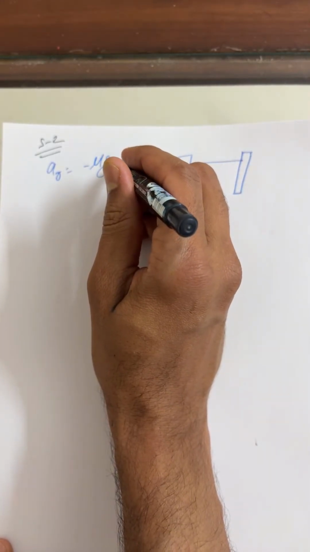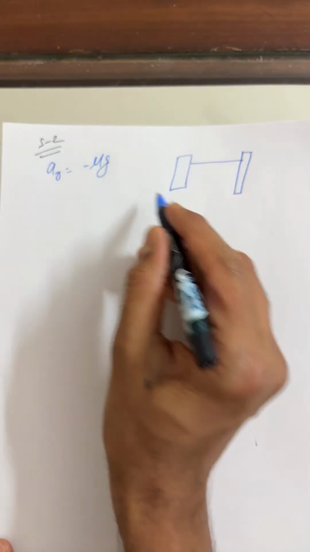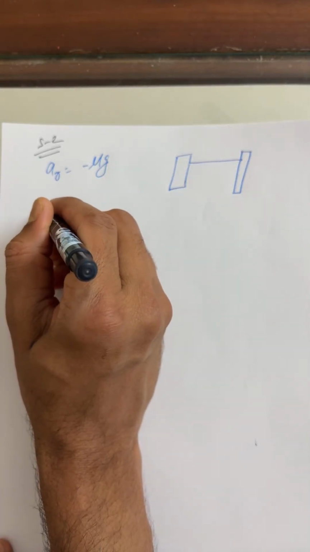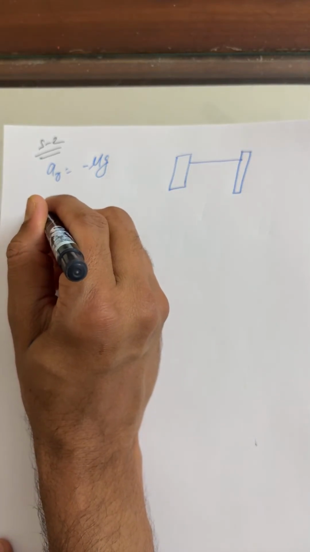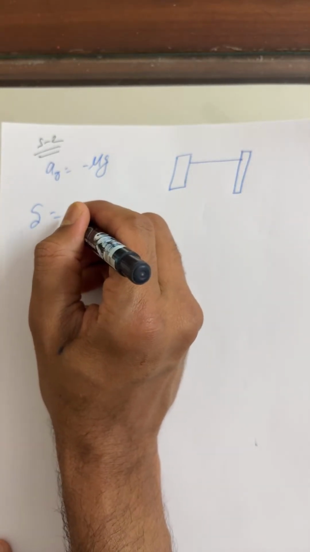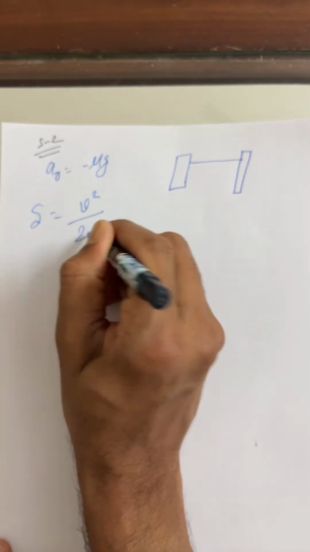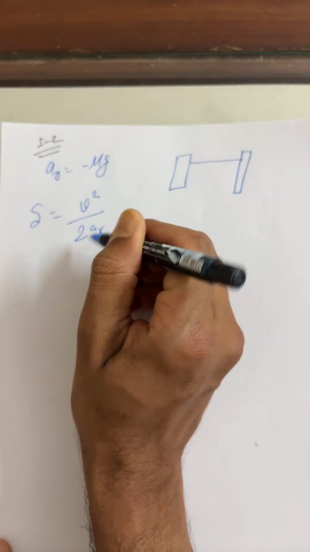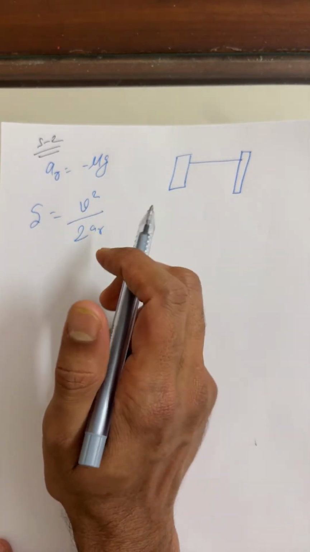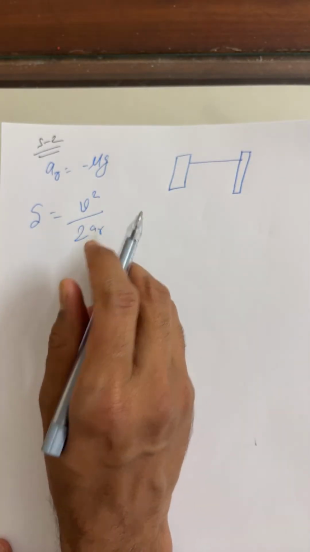If the wire comes to rest after distance s, because finally our particle comes to rest, then we can find the distance s equals v square upon twice of a_r. Simple formula: v square minus u square equals 2as. We just found v square from here.